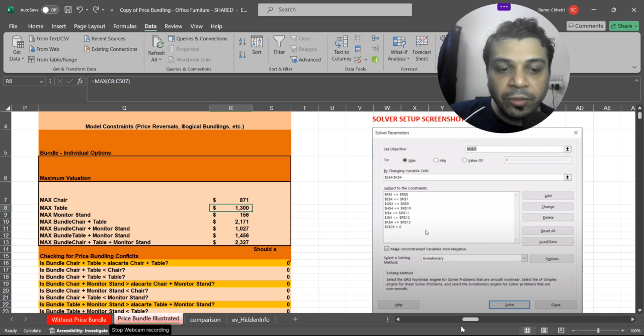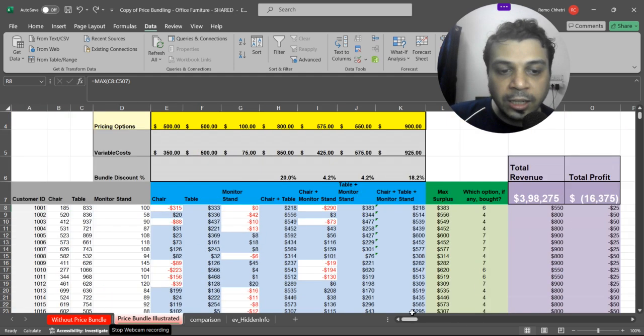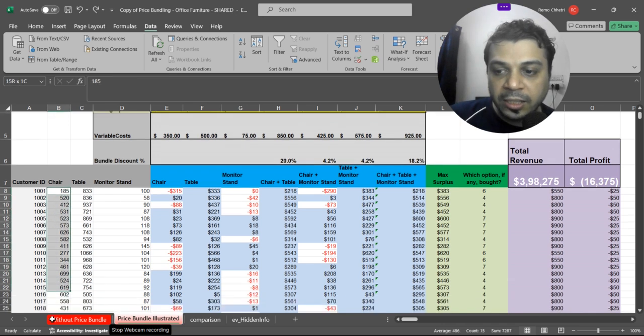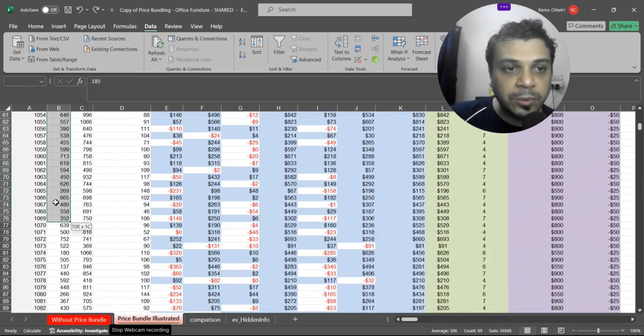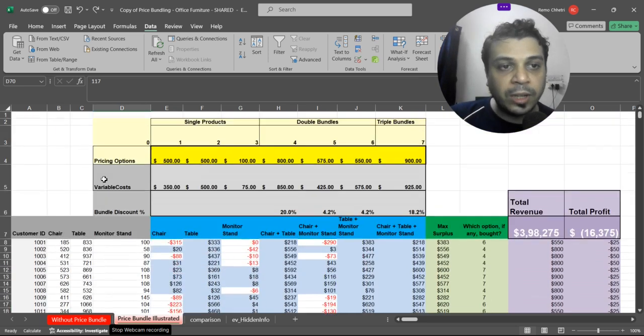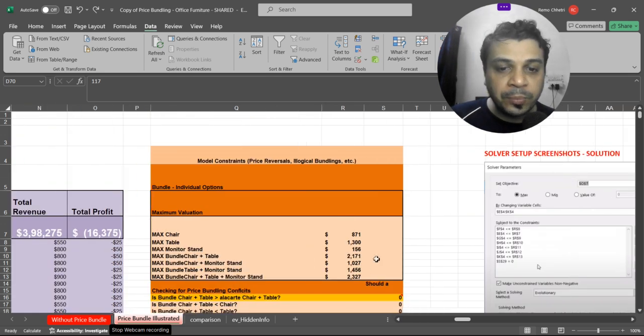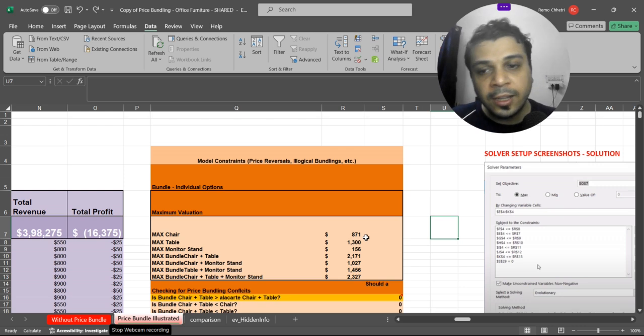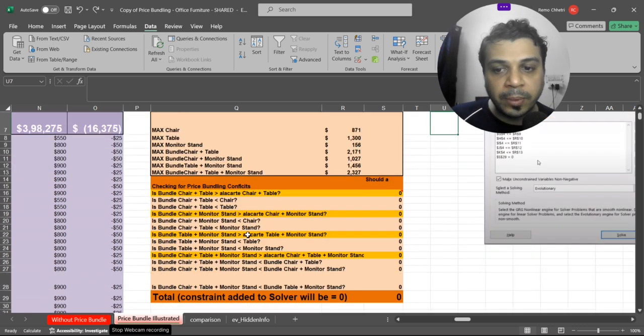These give us the maximum values that the customers are willing to pay, which is the maximum of all these values across all customers. That's the data set we have. This is the input value, the best data that we have in terms of what customers are willing to pay. So clearly we have the numbers in terms of the maximum prices, the upper ceiling, which we can set for the pricing.